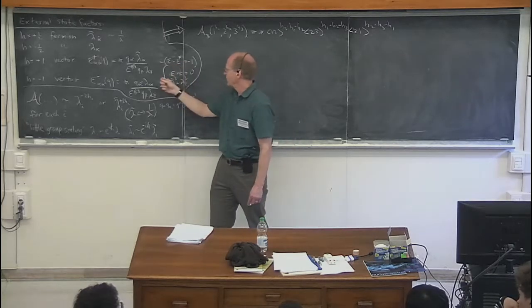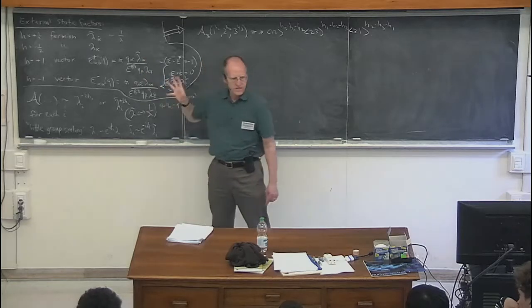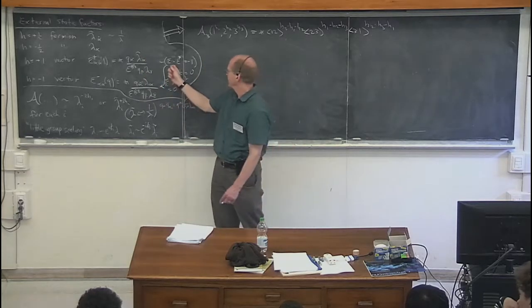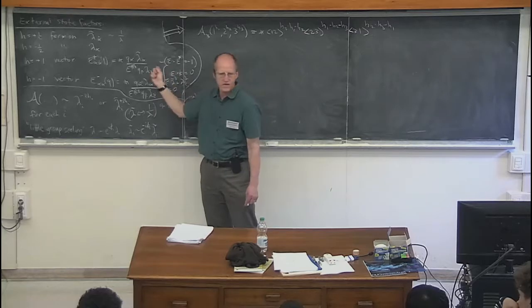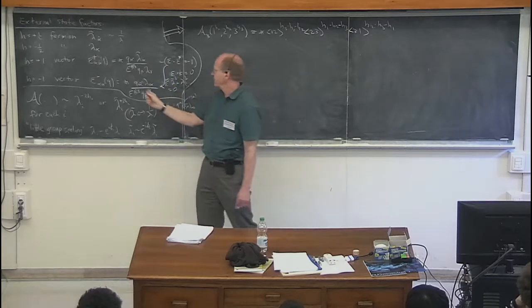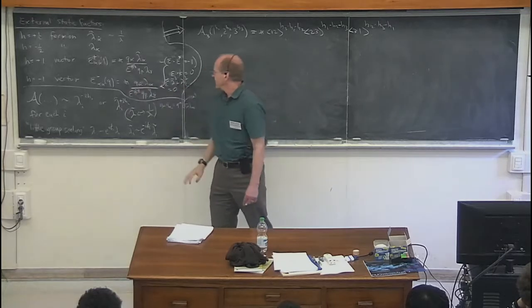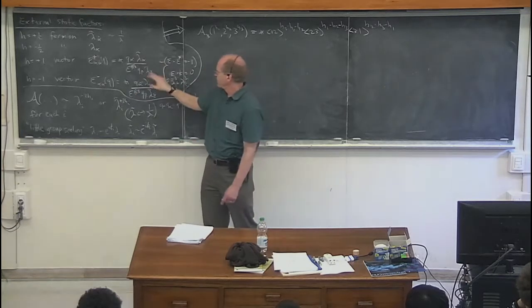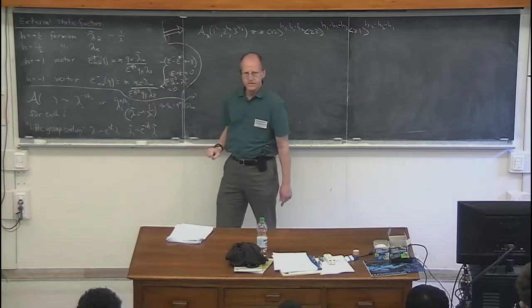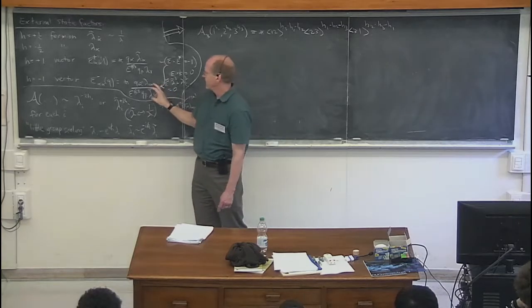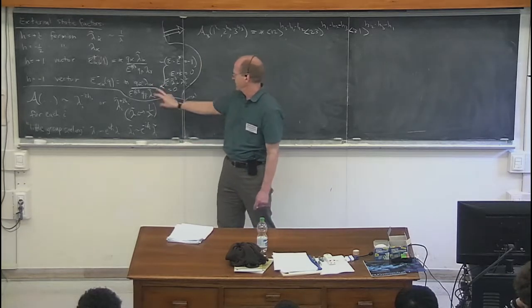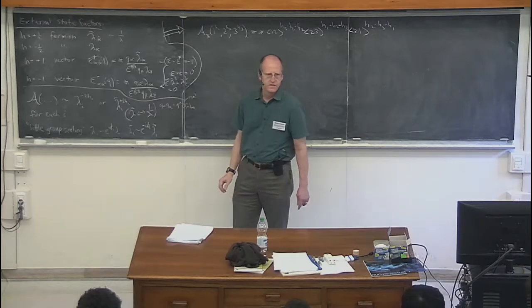And it's that requirement that forces you to put a lambda downstairs. When you go through and calculate epsilon dot epsilon star, you'll find it's 1, up to maybe there's a root 2 or something in here. I forgot. Anyway, so that's why you need a lambda downstairs and a lambda tilde upstairs. And then for h equals minus 1, you get the opposite behavior.